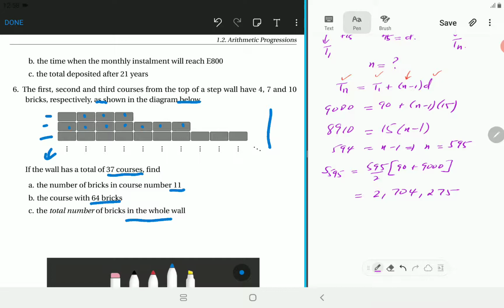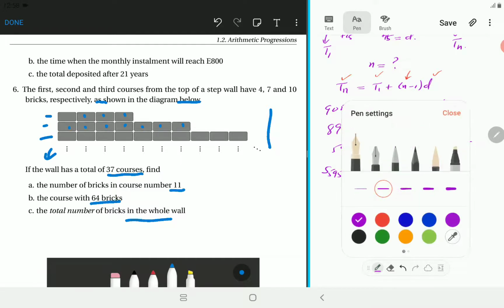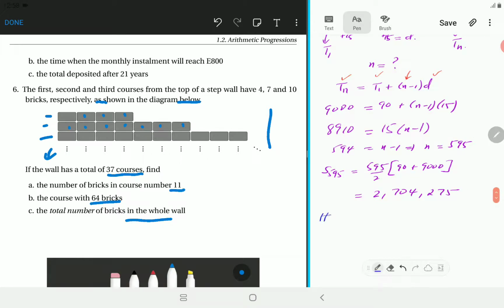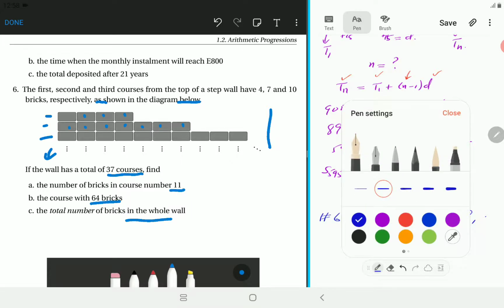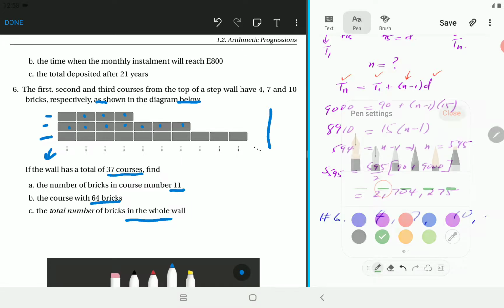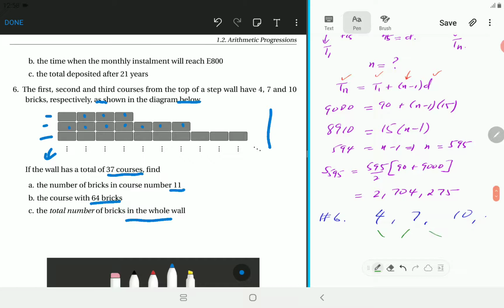Okay, so this we are going to realize is an AP, because 4, 7 and 10 are separated by a common difference of plus 3.